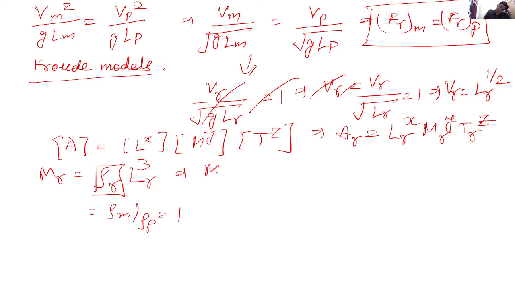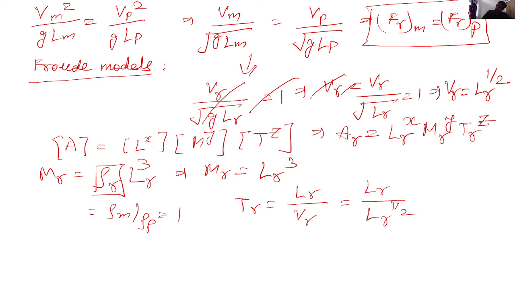This implies MR equal to LR cubed. The time scale ratio can be represented as the length scale ratio over the velocity scale ratio. This is LR by LR to the power 1 by 2, taken from our initial expression for Froude's number, which is nothing but LR to the power half.